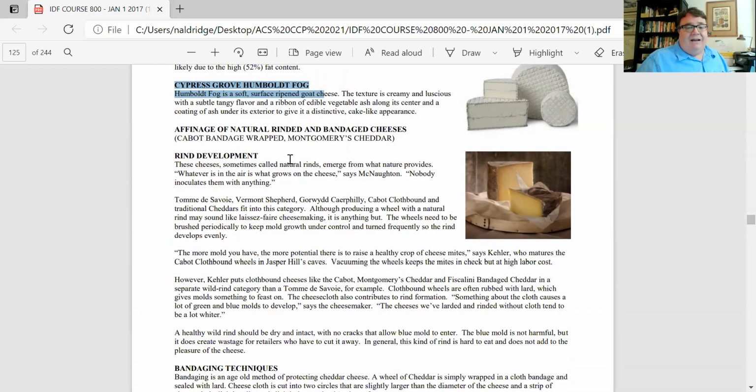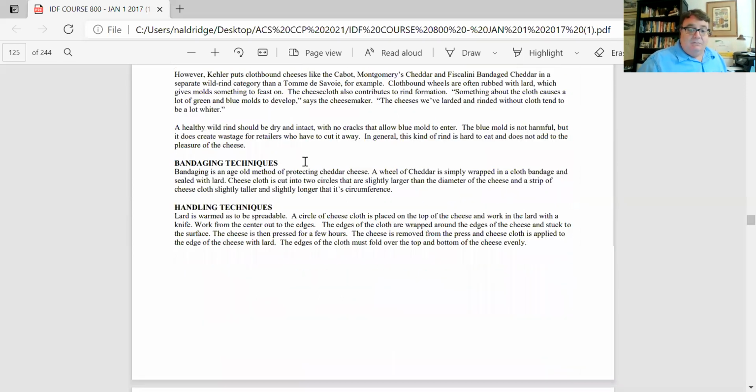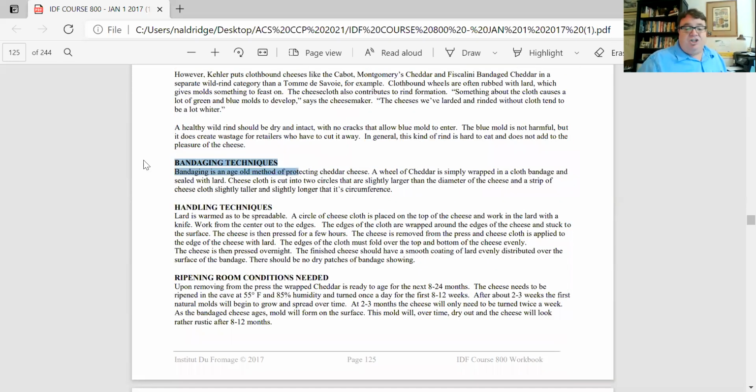Moving along, rind development again. I think we've covered that a couple of times, but definitely know your rind development. Here I think we're talking about cloth bound cheeses, so know what's cloth bound versus what's not. And down here, the bandaging techniques. What is a bandage cheddar?